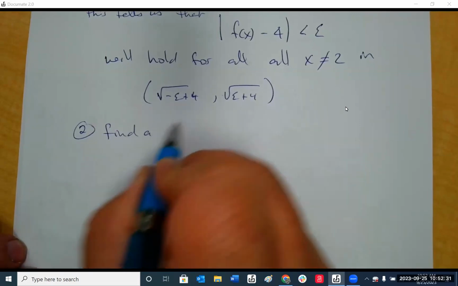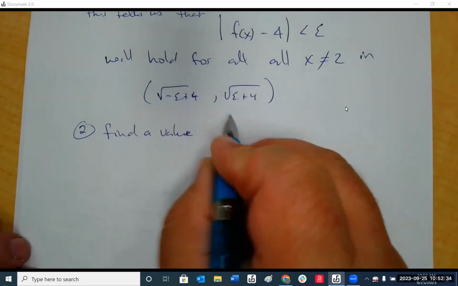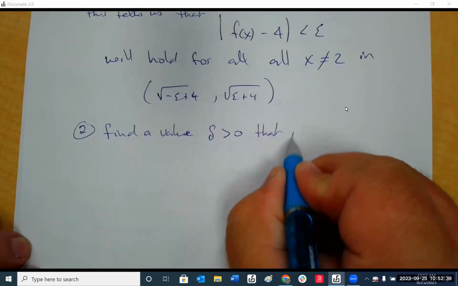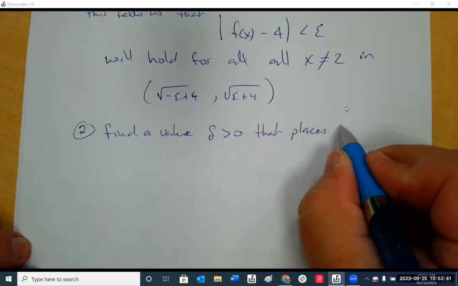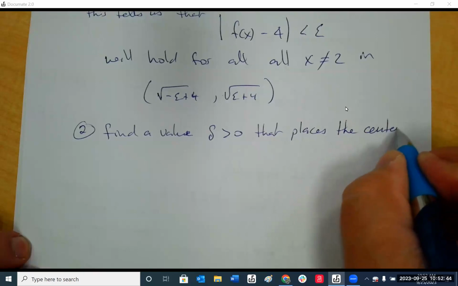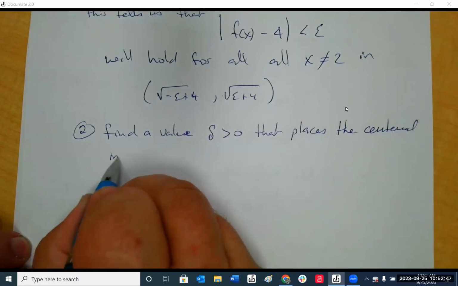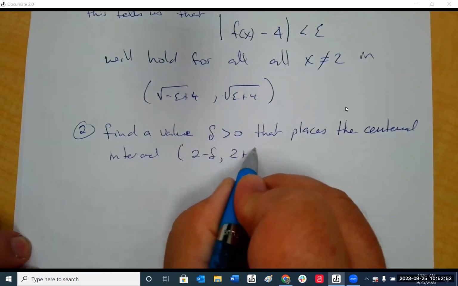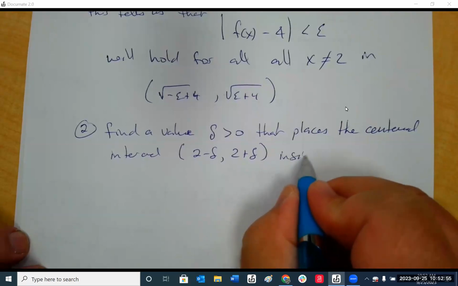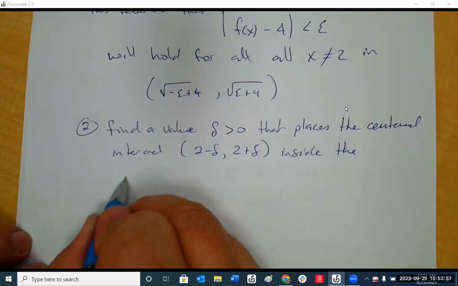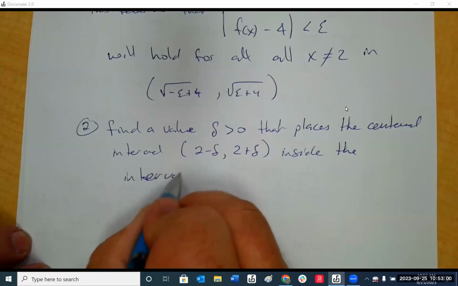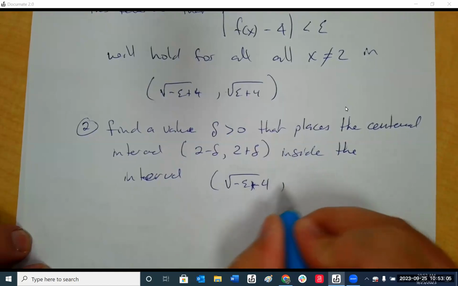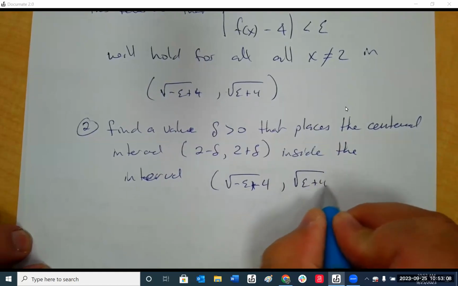Now we have to find a value delta greater than 0 that places the centered interval (2 - delta, 2 + delta) inside the interval (sqrt(4 - epsilon), sqrt(epsilon + 4)).